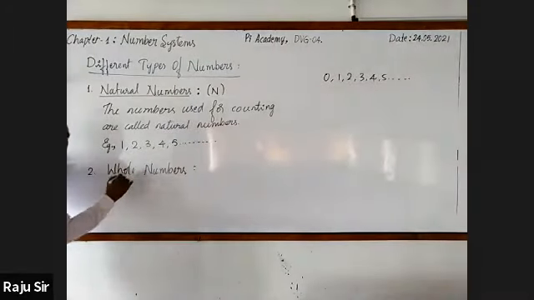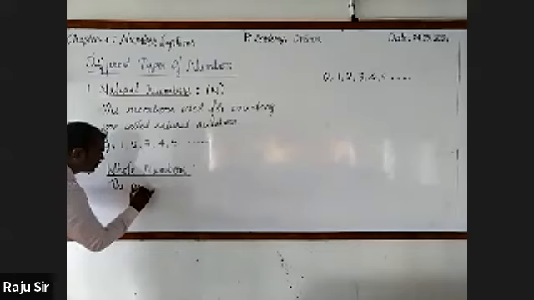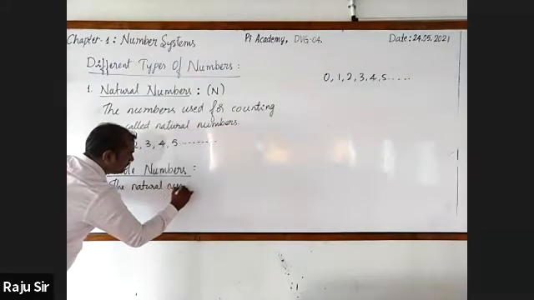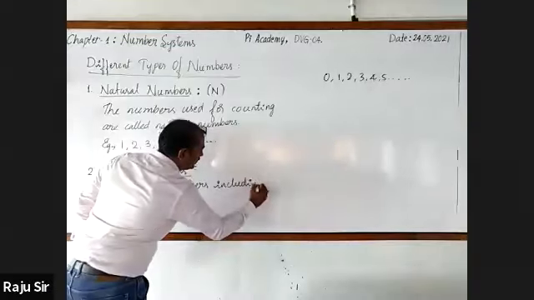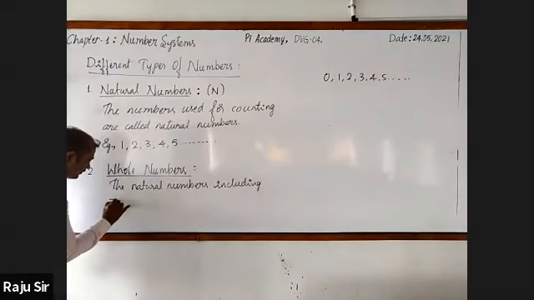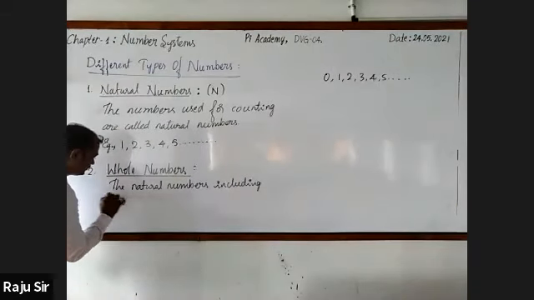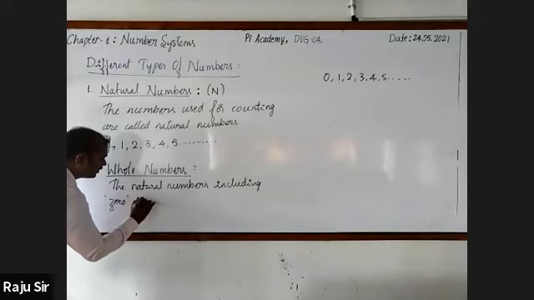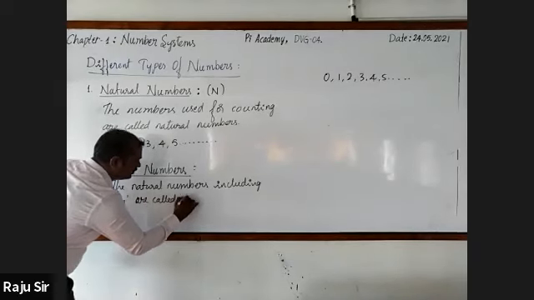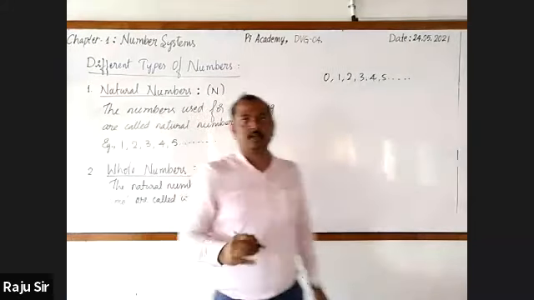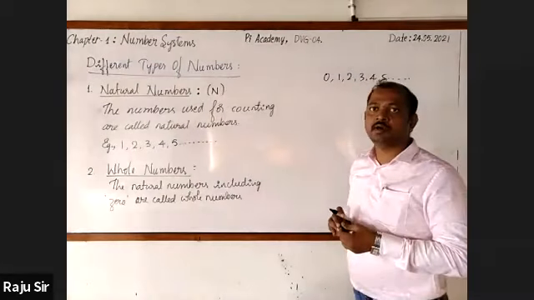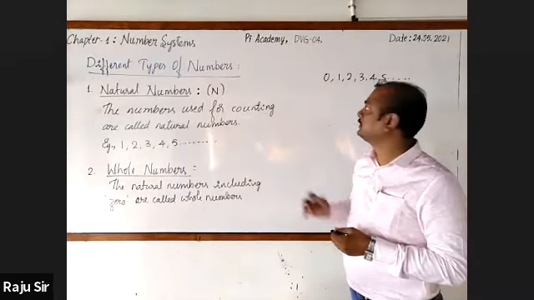Write the definition with me. Natural numbers including 0 are called whole numbers.